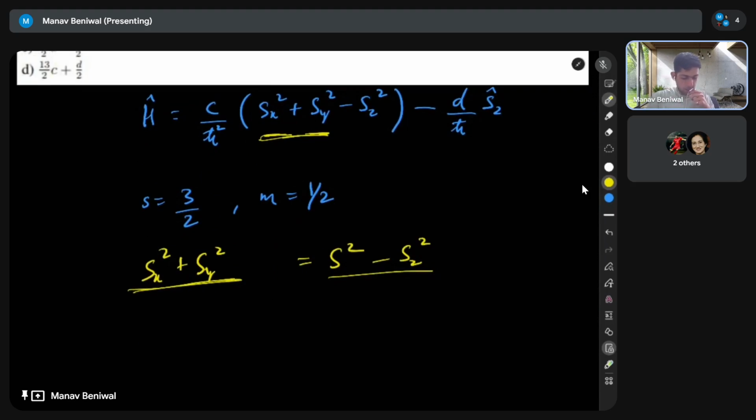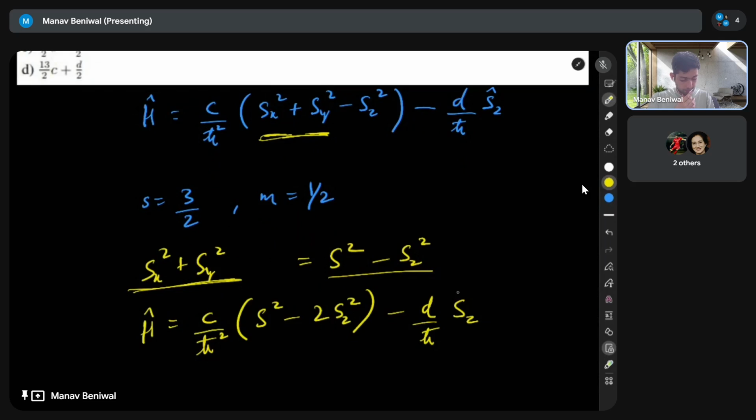and then our Hamiltonian becomes H equals C by h cut squared, S squared minus 2 Sz squared, because we already had one minus Sz and now we have another minus Sz, so minus 2 Sz squared, and minus D by h cut Sz. Okay, so what have we done?